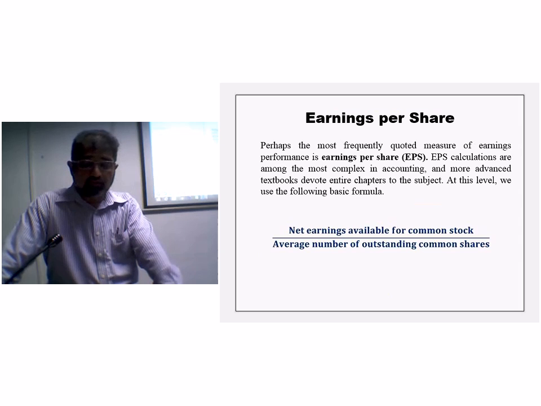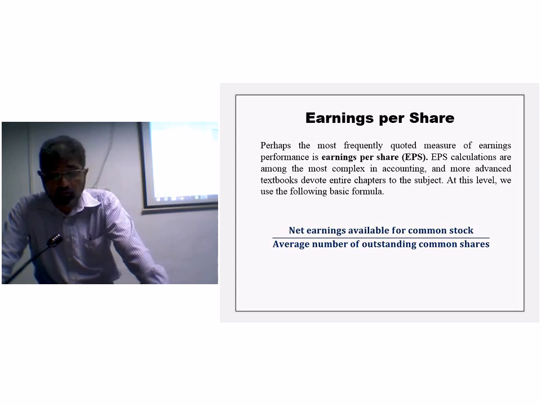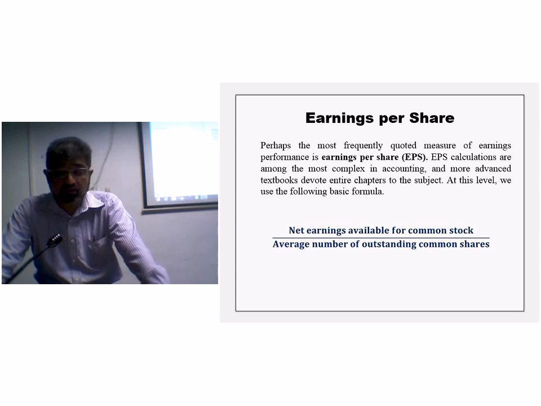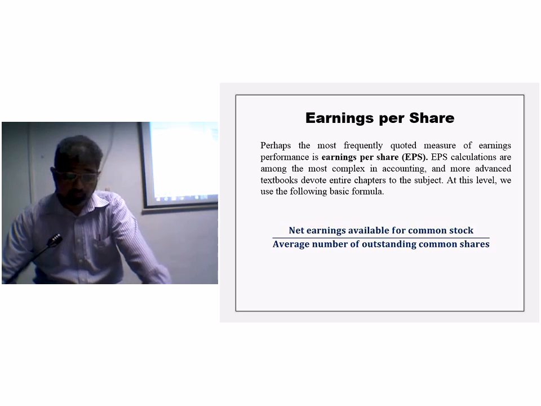How to calculate it? Earning per share means earning per equity shareholder. Net profit available for common shareholders or common stockholders or equity shareholders divided by average number of equity shares during the year. Then we can identify the earning per share.